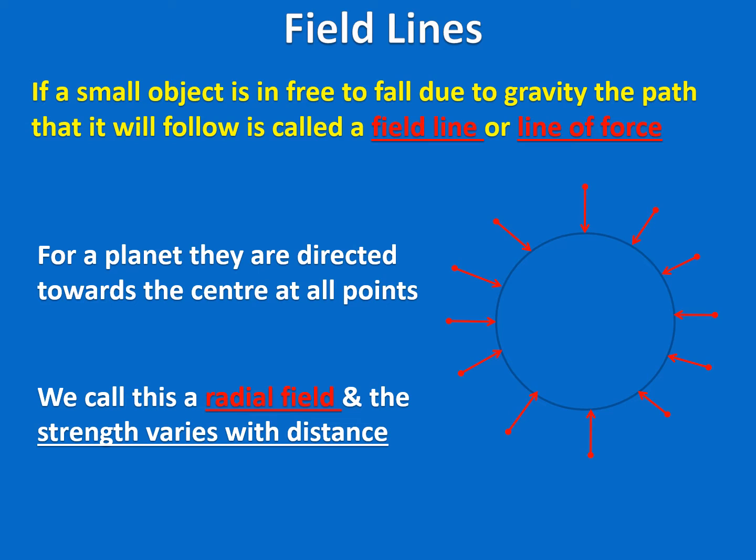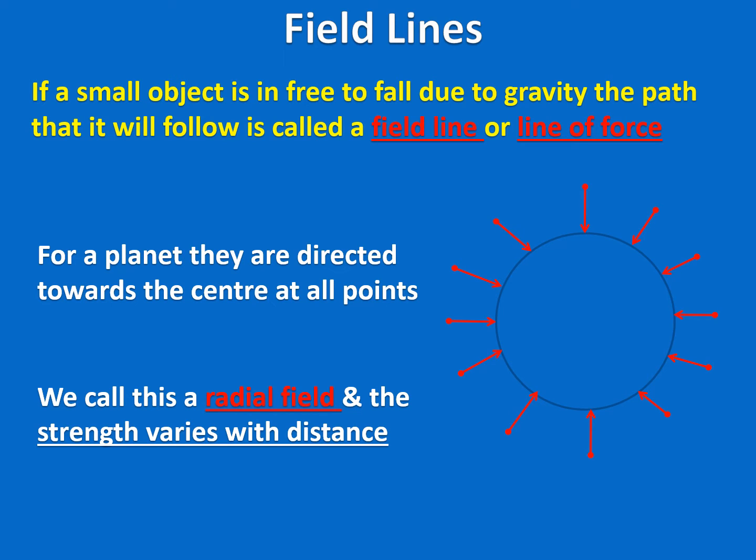This radial field strength varies with distance. The further you are away from the object, the size of the force decreases. It's actually an example of an inverse square law relationship. So the gravitational force is proportional to 1 over the distance, or separation, squared.